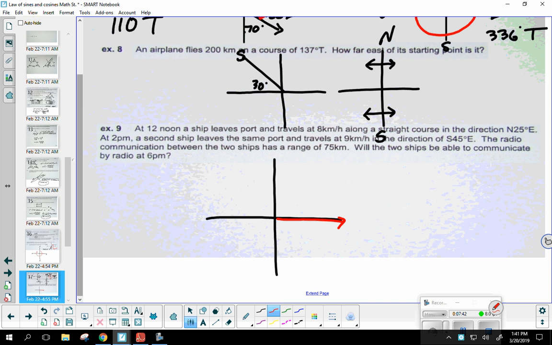Standard position is the positive x-axis. So a normal measure, like say I wanted to show 50 degrees, from here I would rotate counterclockwise. This would be 50 degrees. But if an angle is negative, we're not saying that it's a negative measure. The negative simply tells me the direction that I would rotate.